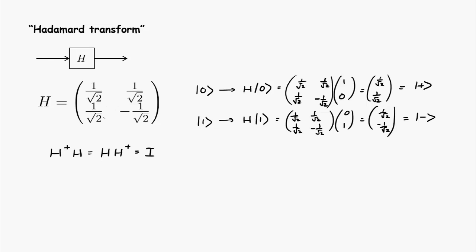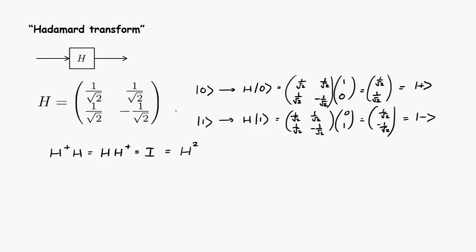And then by symmetry, it's just H itself. So you must check that H squared is the identity, and that's something you can easily do here. The fact that in all three elementary gates we've seen, the square of the gate is identity means that if you apply the gate twice, you get back to where you started from.